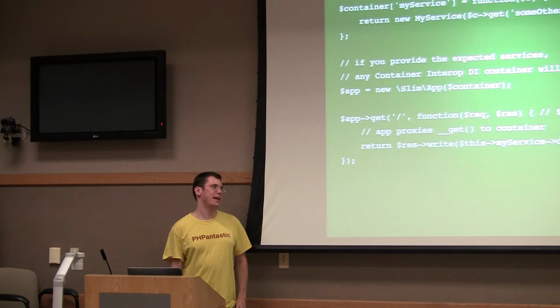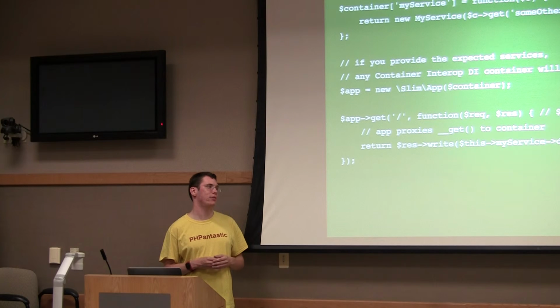But of course that was a Slim-specific extension to the response, which means that if somebody sent you some other PSR 7 compliant response from somewhere, and it didn't have that, then your application would suddenly 500 and say, I have this method on this object and I have no idea what to do with it.